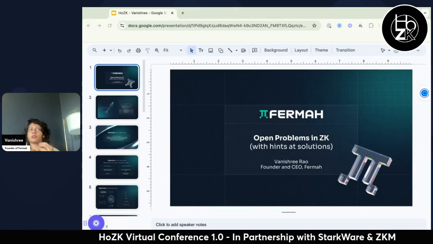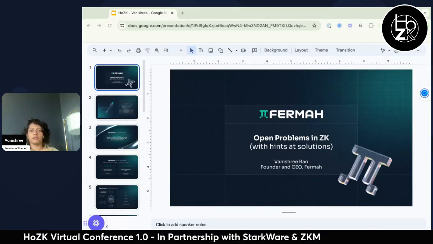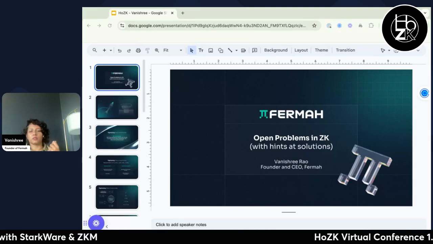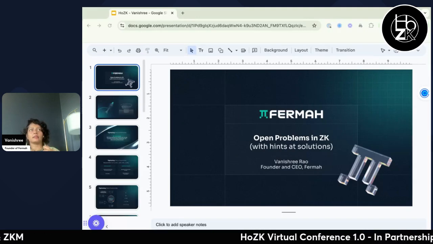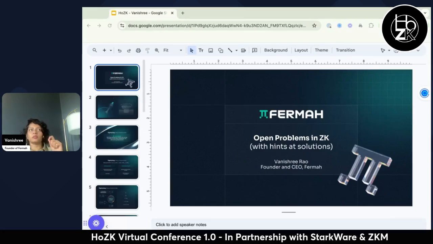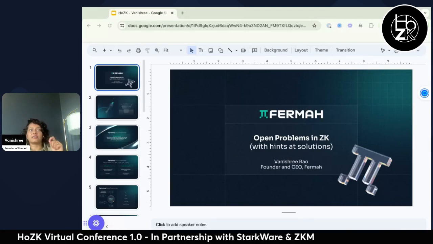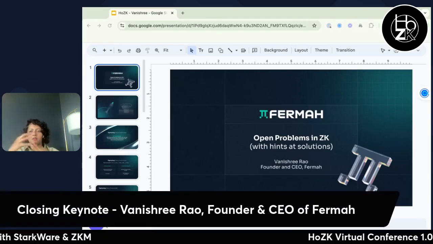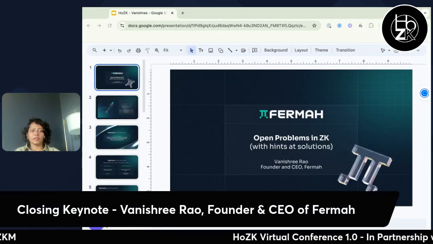If we are to visualize where we are in this journey of ZK evolution, you should imagine a rocket racing towards space and reaching its so-called max Q point, where there is the highest aerodynamic pressure on the nose of the rocket. And I feel that is where we are.